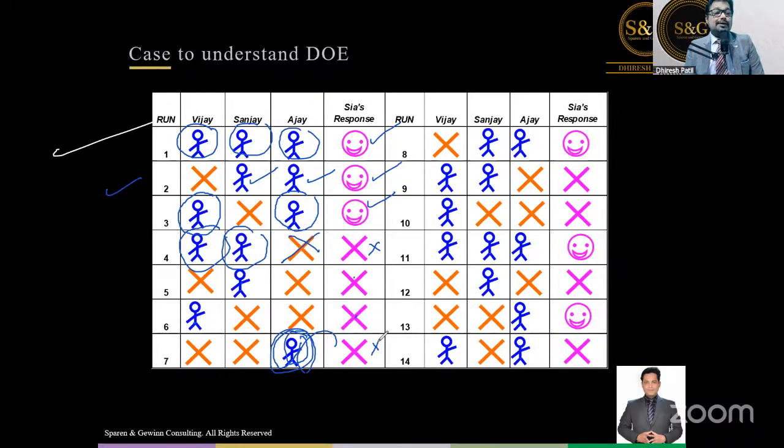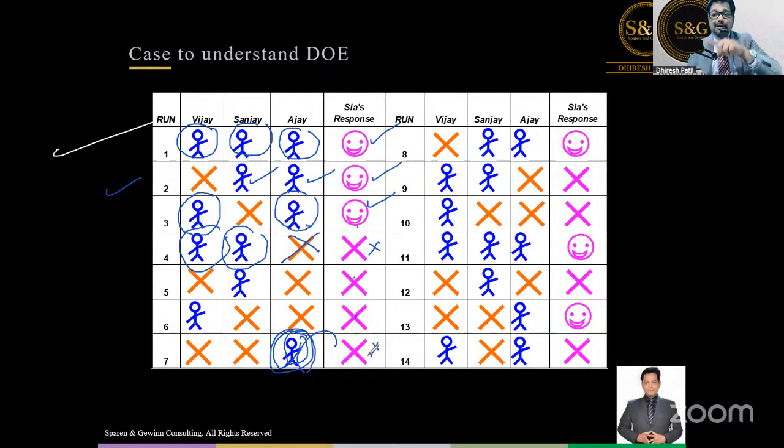And that was a very interesting twist in the story, because till these six runs, when Ajay was there, she was smiling. When he was not there, she was not smiling. It was clearly Ajay. But then Ajay went alone that day, as per the plan of these three people, and she didn't smile at that time.